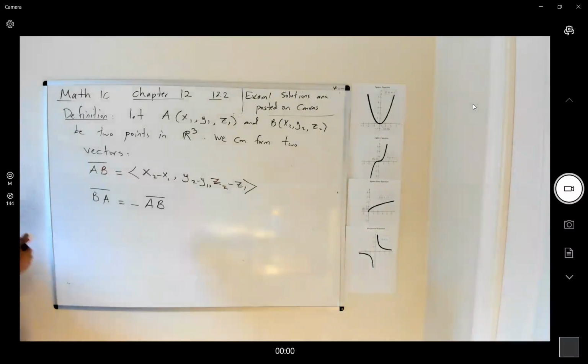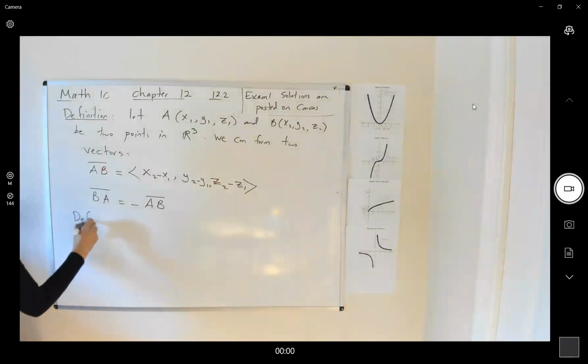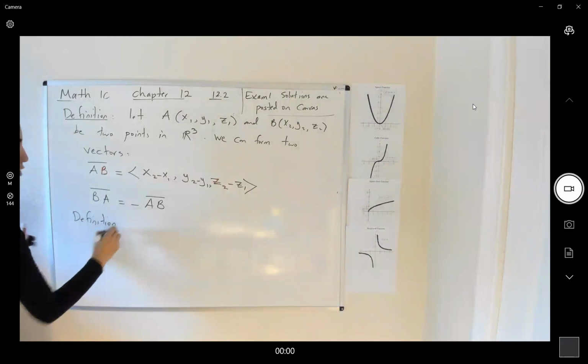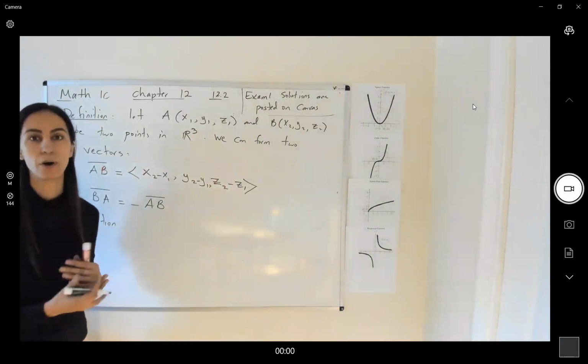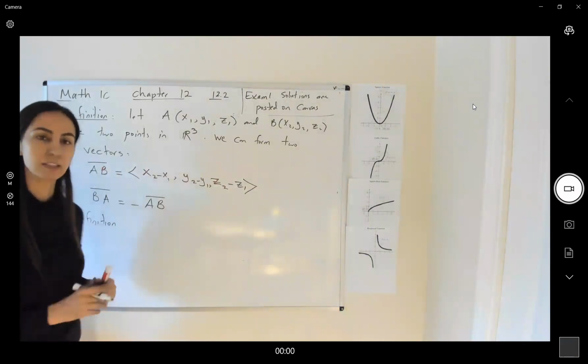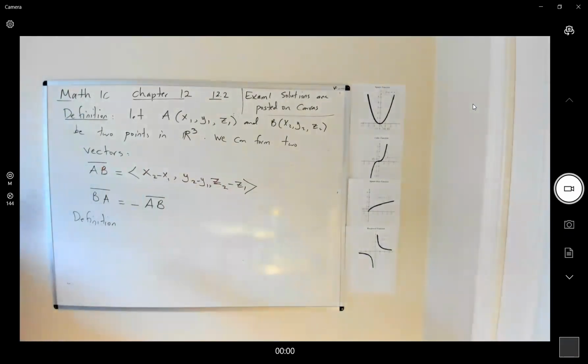Magnitude or length of a vector. Definition. Sometimes they call it norm as well. So if you read the word norm in a book, it's talking about the magnitude of a vector.